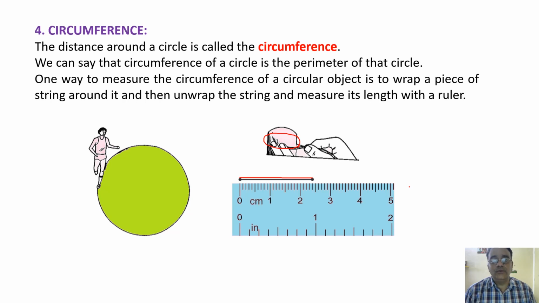That length will give the circumference of that circular object. This is the way to find circumference.